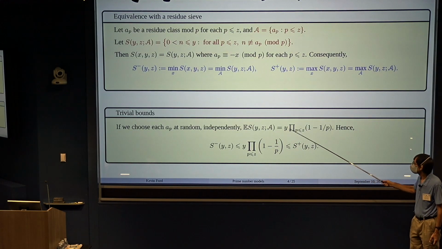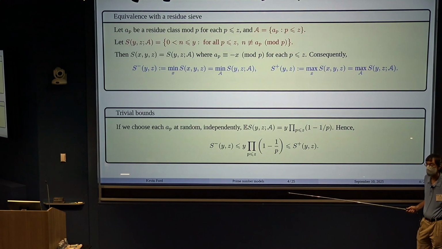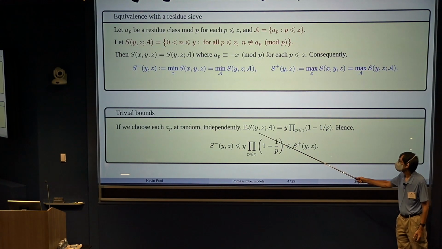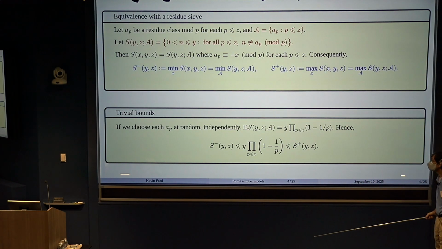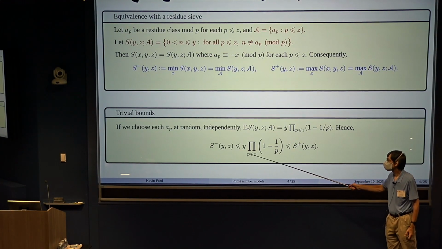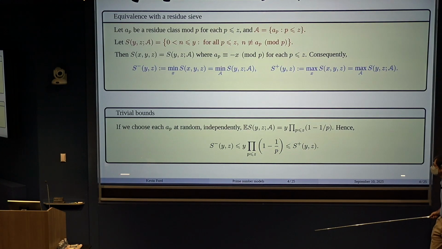So it's a very simple, exact formula for the expectation of S(y, z, A) over these random choices. And because of that, of course, the minimum must be less than or equal to the average, and the average less than or equal to the maximum.